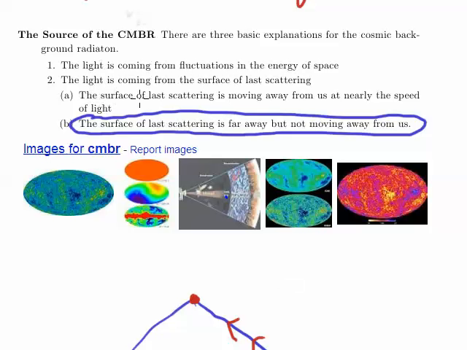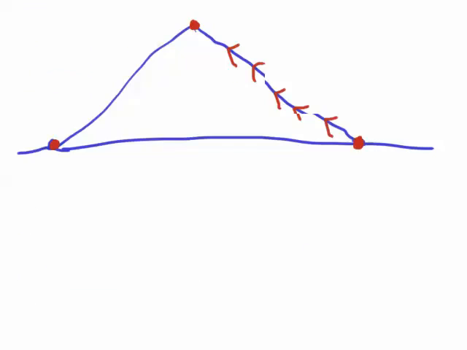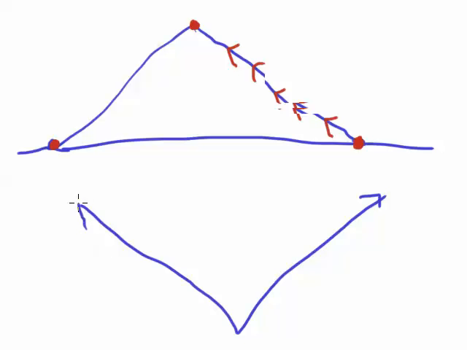Now, this other version is the surface of last scattering is moving away from us at nearly the speed of light. Mainly in this space-time diagram, instead of having a triangle like that, the particles themselves are moving at nearly the speed of light in either direction, and we're right here, and we're seeing the particle emit that point of light, and that particle emit that point of light.